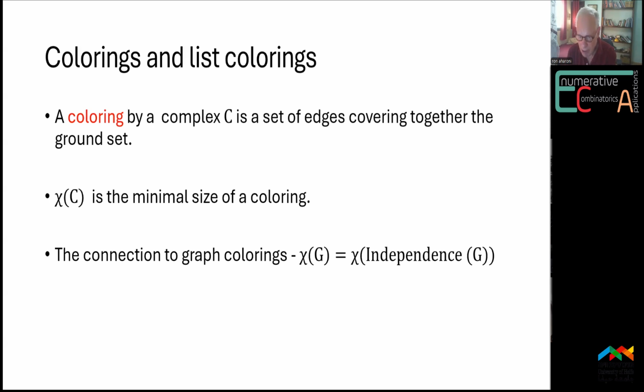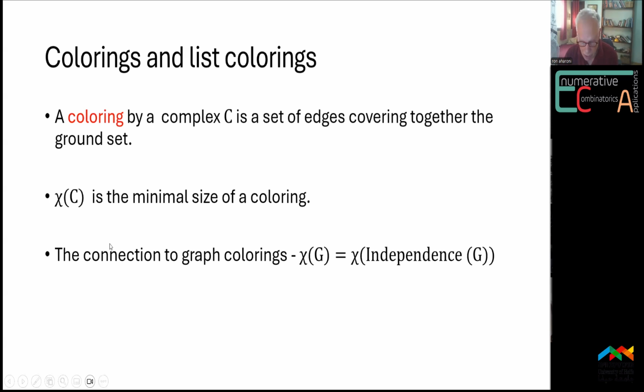Now you may be surprised a bit, because chi is usually reserved for something else. In graphs, it's the coloring number of the graph. A coloring of the graph is a covering by independent sets. So if you look at the hypergraph of independent sets, then this notion is precisely the ordinary coloring number of graphs. And in graphs, there is a list coloring number.